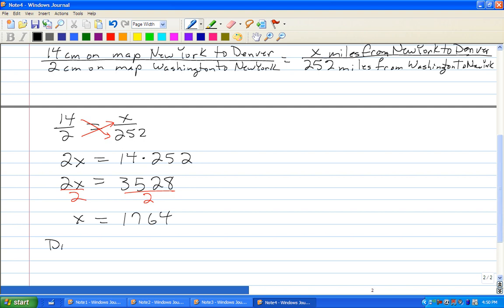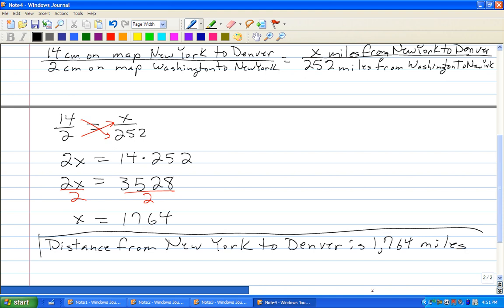The distance from New York to Denver is 1,764 miles. And that is your answer.